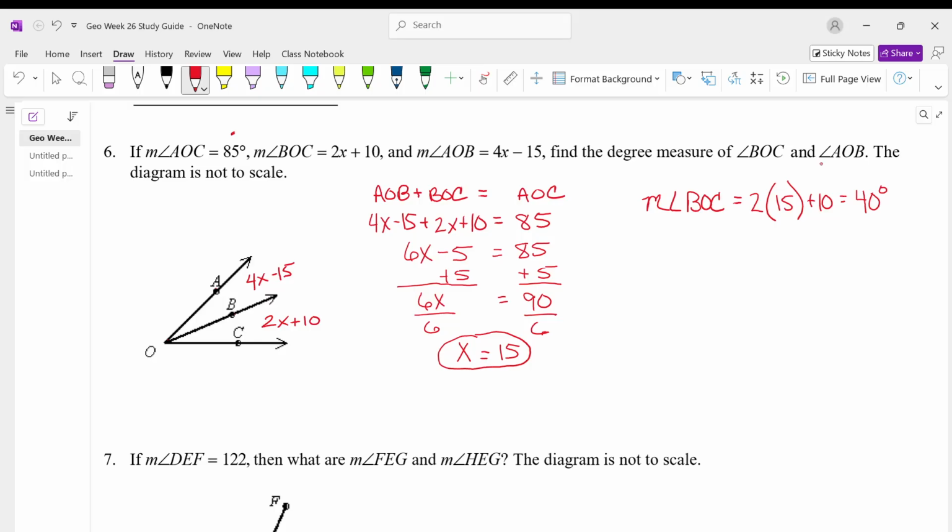And then we need the measure of angle AOB. AOB is 4 times 15 minus 15. 4 times 15 is 60 minus 15 is 45. So there's your two angle measures.